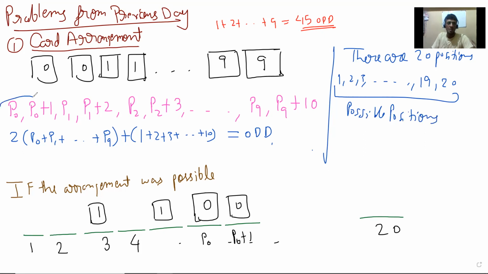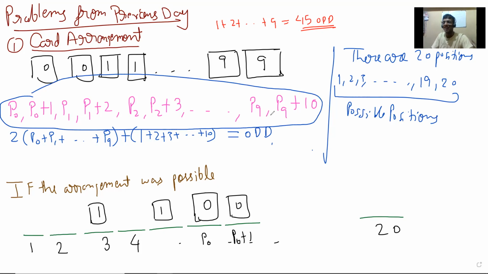And these are also the possible positions, right? These are all the distinct possible positions. Okay, so just note that because there are an even number of cards, that is not enough. There are an even number of positions, that is not enough.